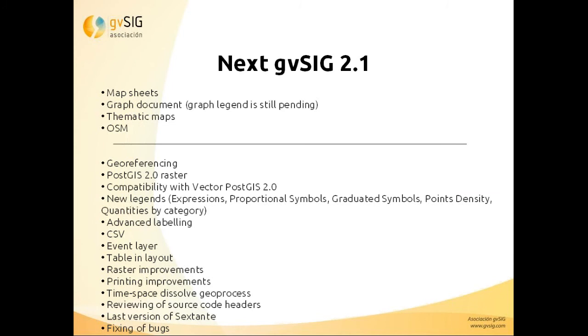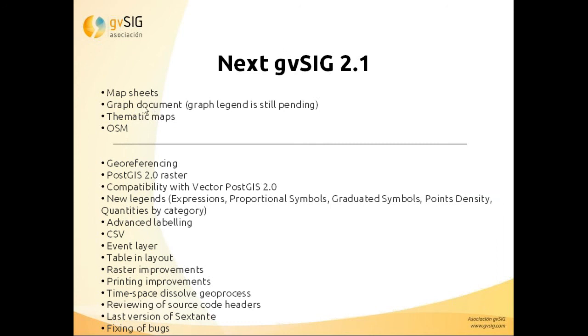The current version is gvSIG 2.0, but in the next days there will be a gvSIG 2.1. This version will include some functionalities that were released after the final gvSIG 2, like the map sheets, graph document, thematic maps from gvSIG Educa, or OpenStreetMap.